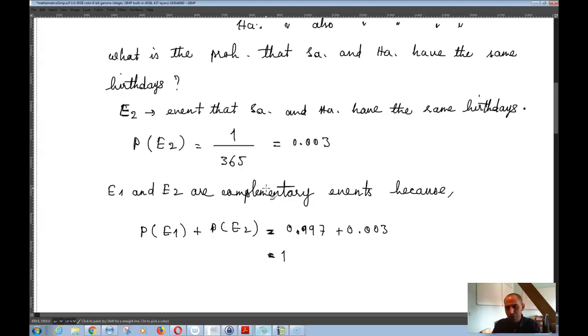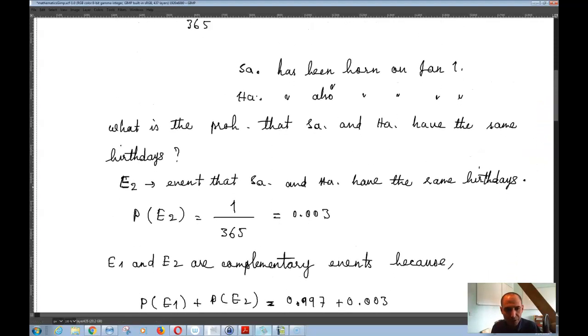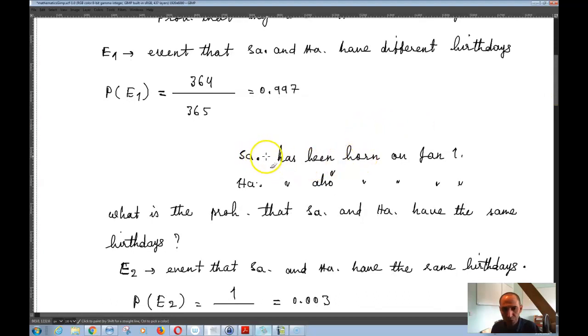they do actually cover all the 365 days of the year. Now suppose that Savita has been born on January 1st.